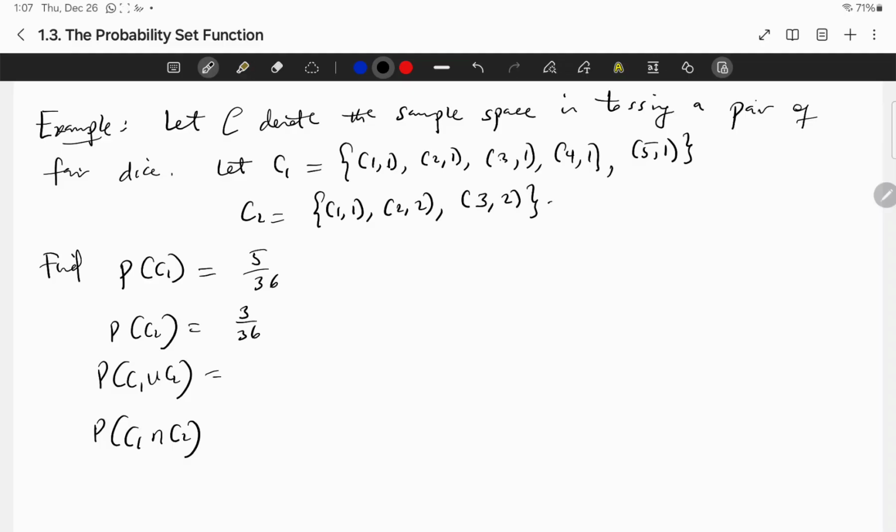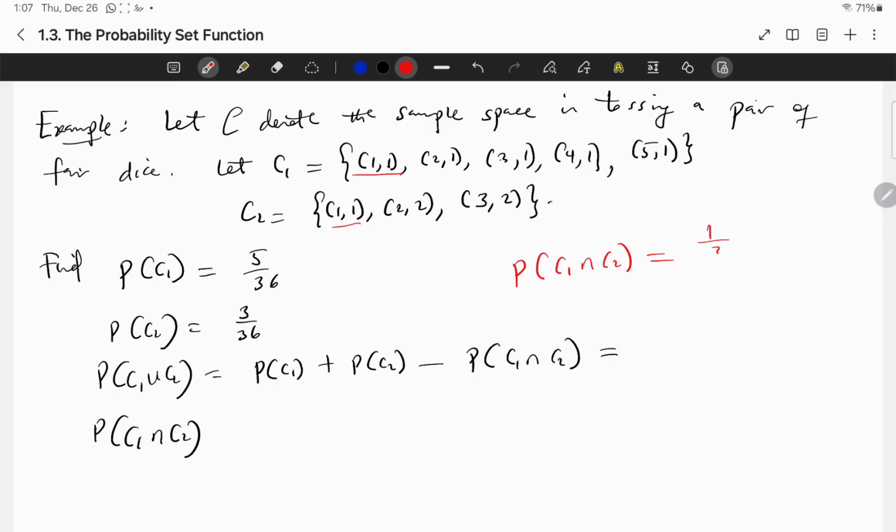The probability of C1 union C2, by the law of inclusion, is the probability of C1 plus the probability of C2 minus the probability of C1 intersection C2. There is only one common outcome, (1,1), so that's 1 over 36.